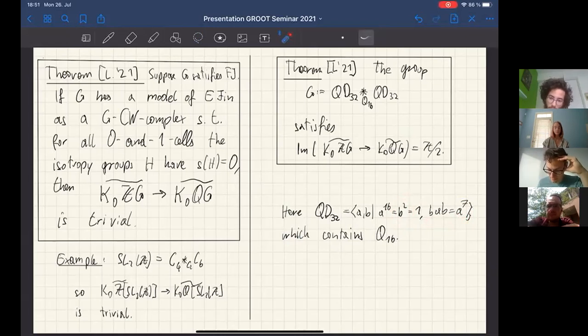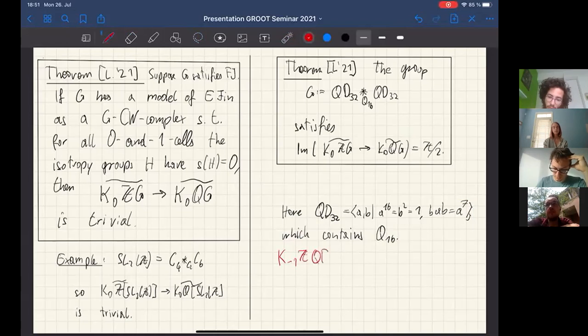But anyhow, this group contains Q16, and this is a little bit of fooling around with the algebra, and the fundamental property is that its negative K0 vanishes.